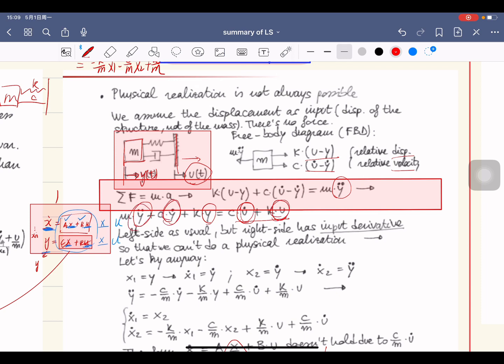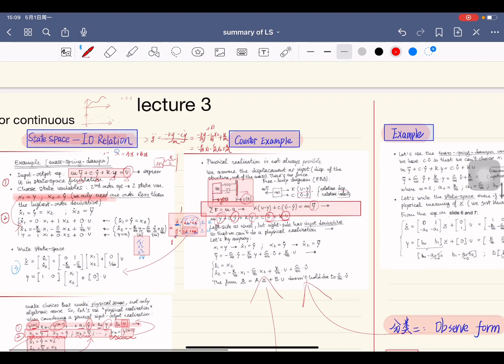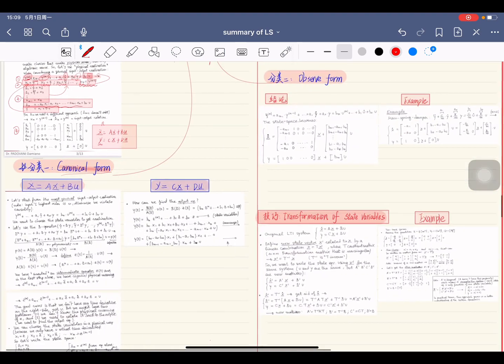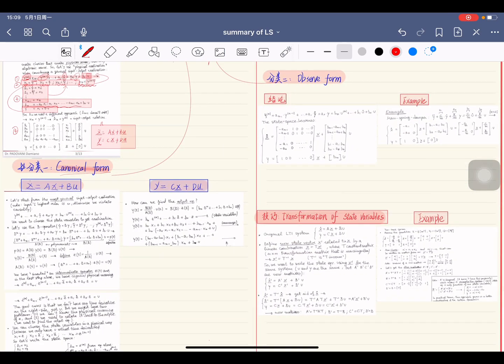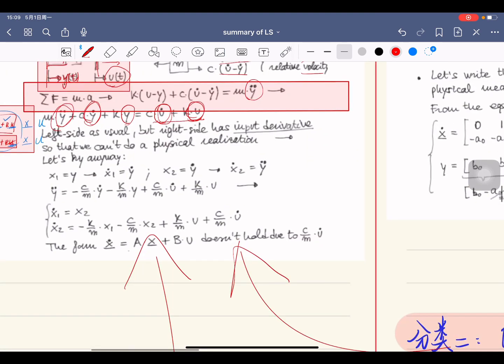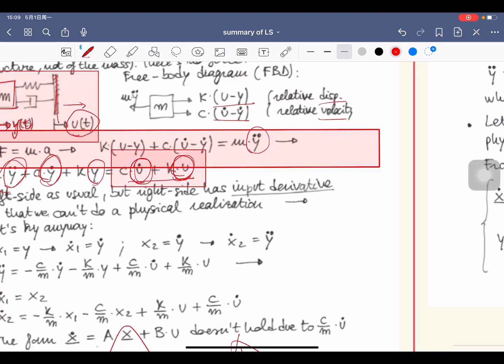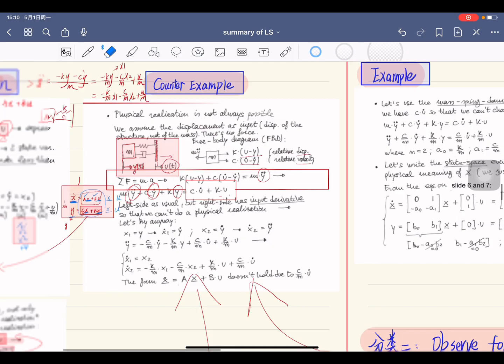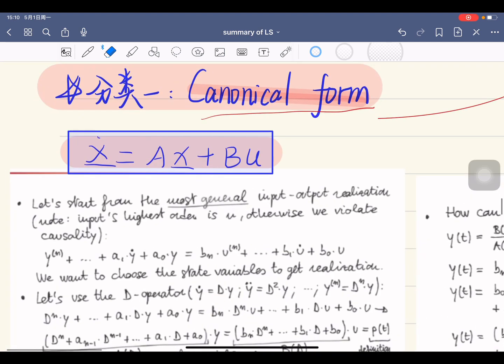At this time, we could not express it in the general form. So how could we express it? These two are the methods. The main idea is to make the input without derivative. This is our method.